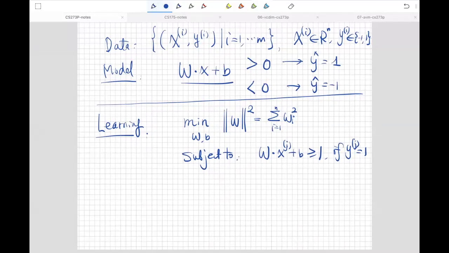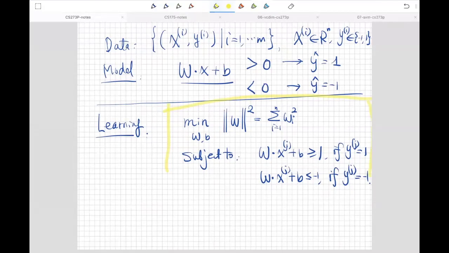So if it's above that plane, you want to make sure it crosses the separating boundary. And W dot xj plus b has to be less than or equal to -1 if yj is equal to -1, on the other side. That is the new model we're going to deal with.